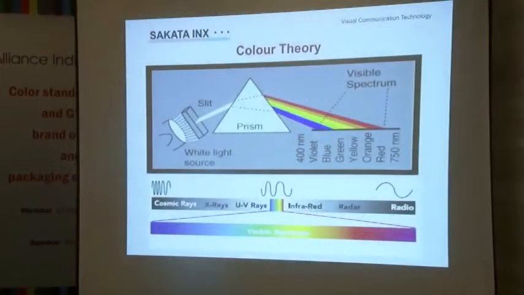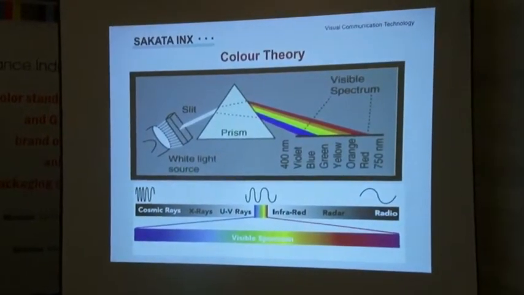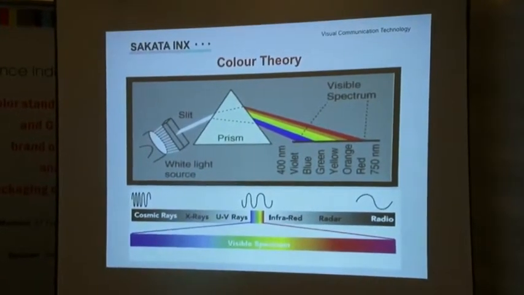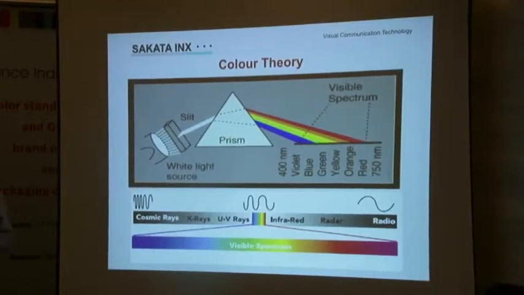We have to now come to the color standardization aspect. What we have been understanding before this presentation, our objective and from the discussion that we had, is how to standardize the color.